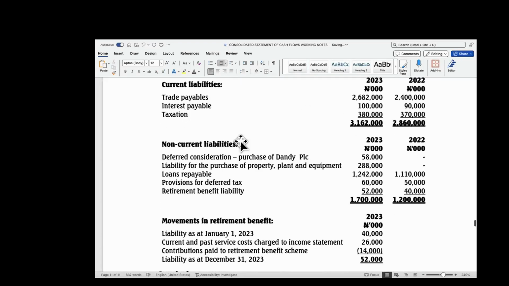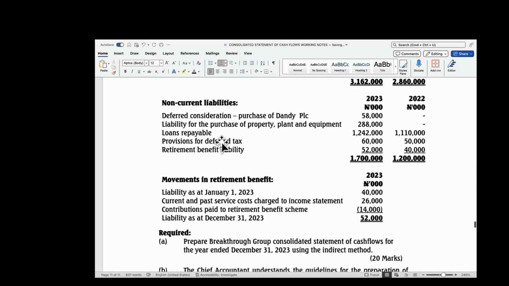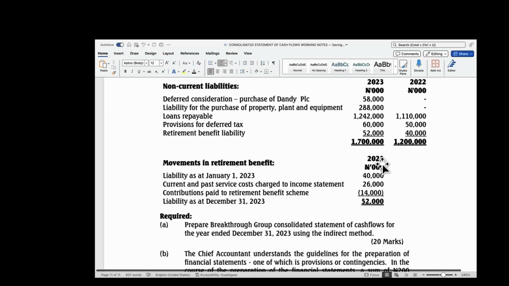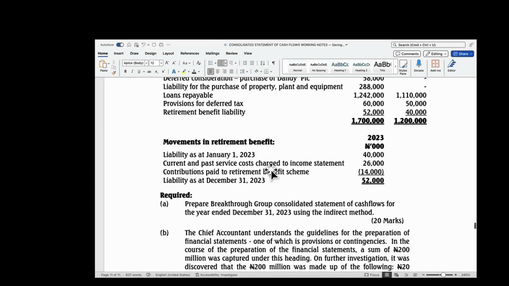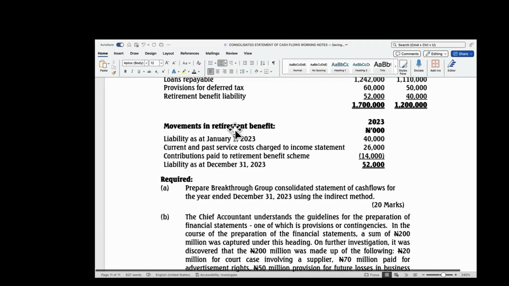So apart from provision for deferred tax, there is retirement benefits of 52,000, but they gave us the movement of that year. And in the movement they gave, I can see past service costs. If you remember, this is non-cash, and they said they have already charged it to the income statement, so we need to adjust for this.